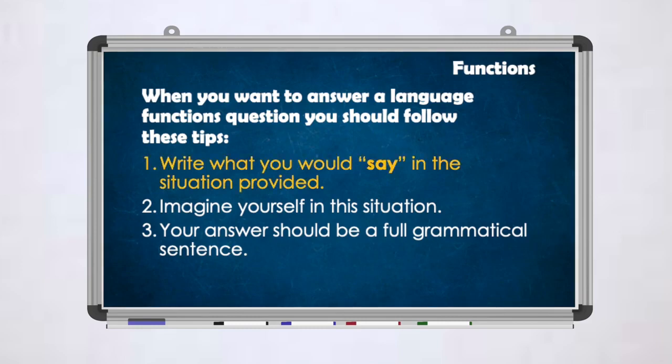Write what you would say in the situation provided to you. Write exactly what you would say. Imagine yourself in that situation. And then your answer should be a full grammatical sentence, meaning you cannot write just "yes" or "okay" or "goodbye" and consider it an answer. You should write a full sentence.